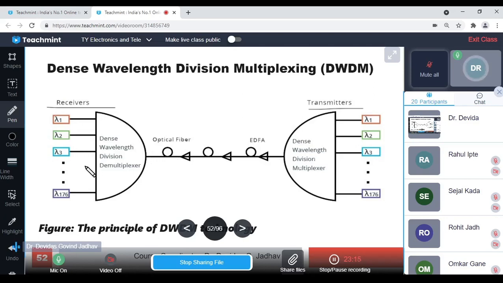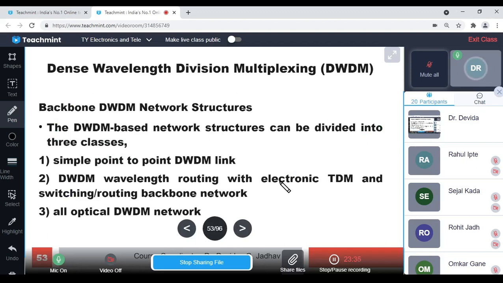The receiver also has a dense wavelength division demultiplexer. The multiplexer multiplexes, and the demultiplexer demultiplexes, all lambda 1 to lambda 176. This is the block diagram or functional diagram for dense wavelength division multiplexing.